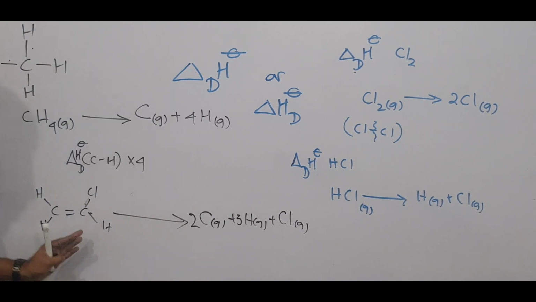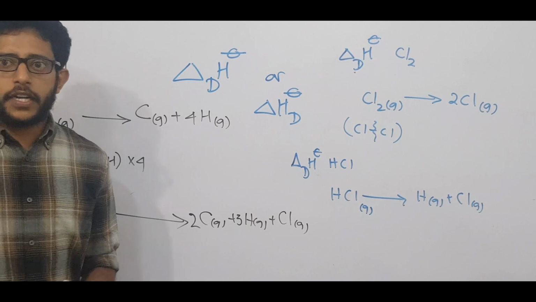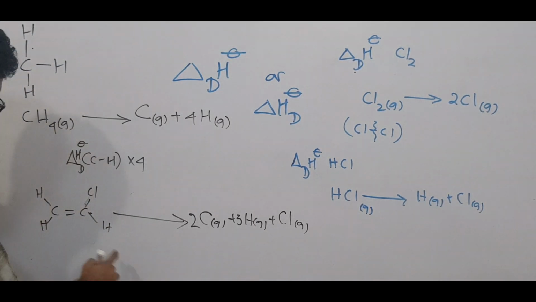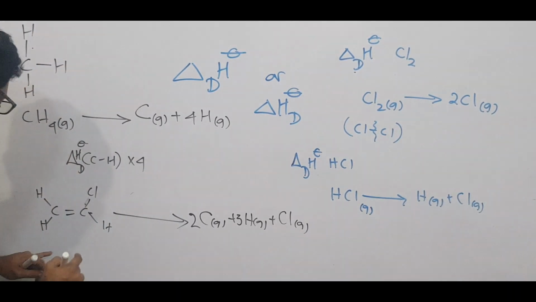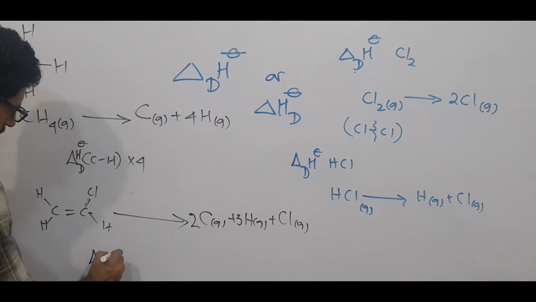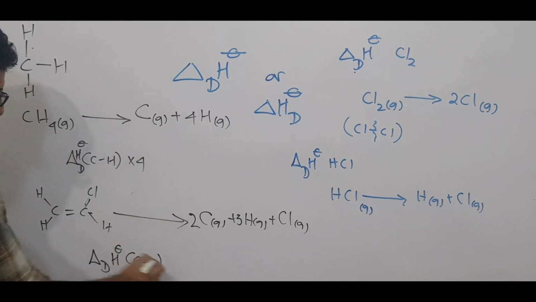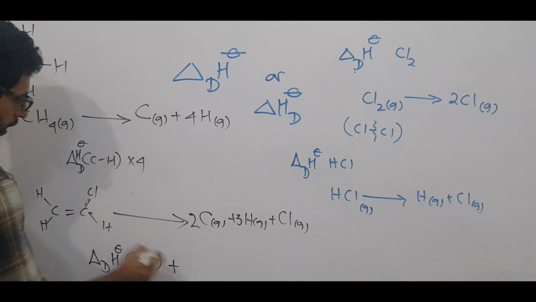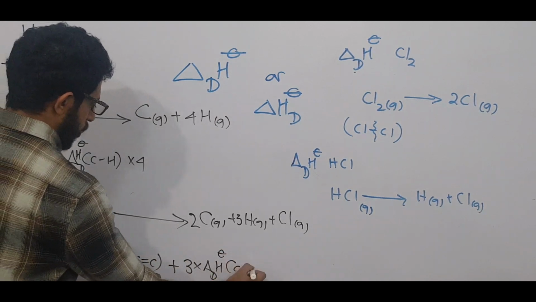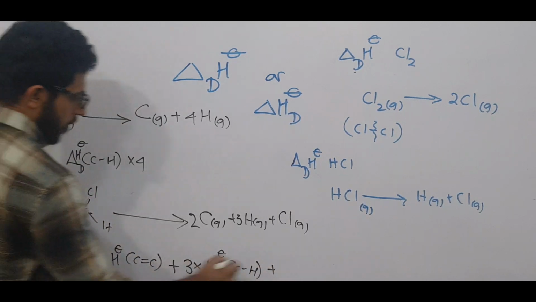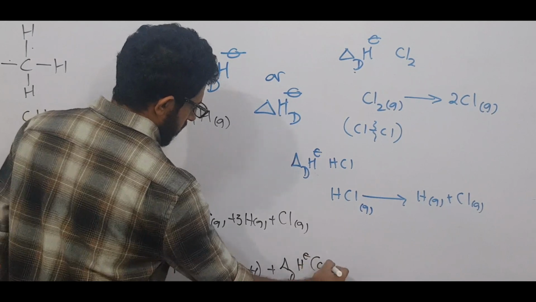So if you apply the bond dissociation enthalpy for this one, it's not just one value. So what is the bond enthalpy for this particular one? It would be ΔH D of the carbon-carbon double bond, plus 3 ΔH D of C-H, plus 1 ΔH D of C-Cl.